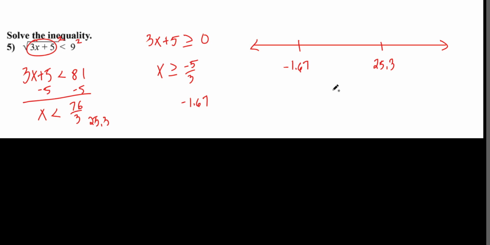So now what we have to do is figure out, let's rewrite this. We could keep this 9 over here, but watch. I'm going to do this on purpose. 3x plus 5, I'm going to move that 9 to the left-hand side. Is that all right? Because that just makes it a little easier.